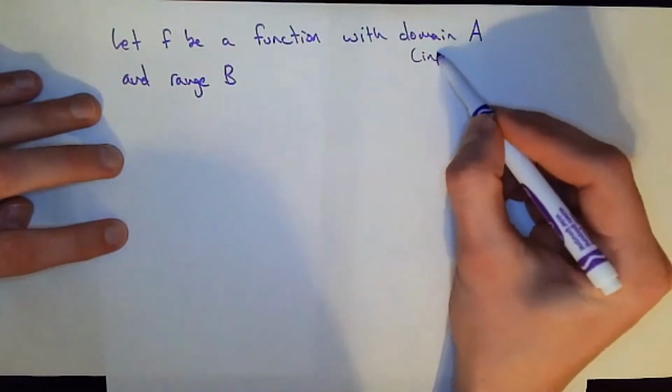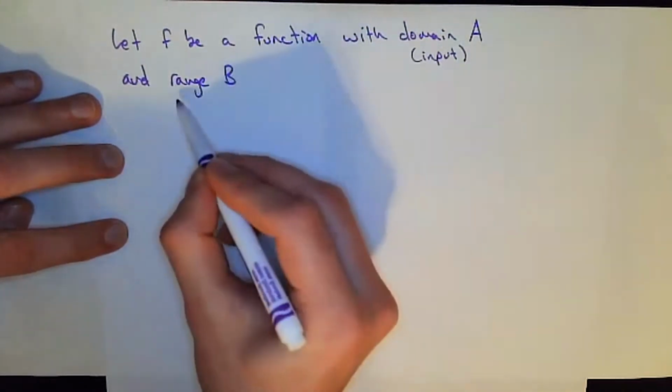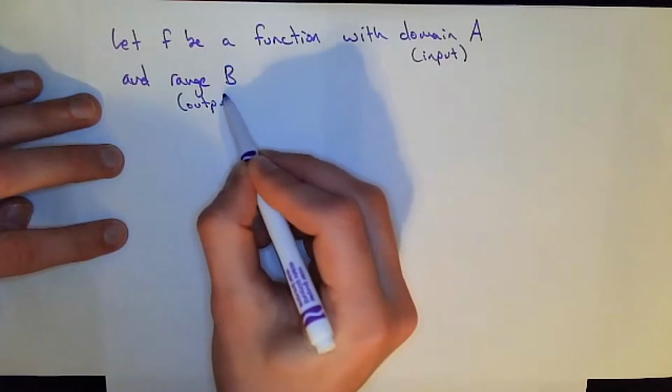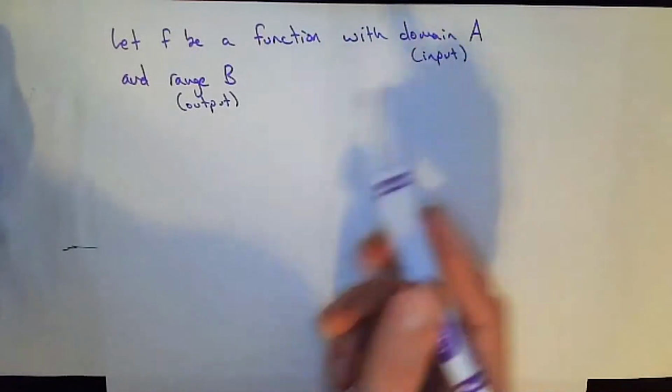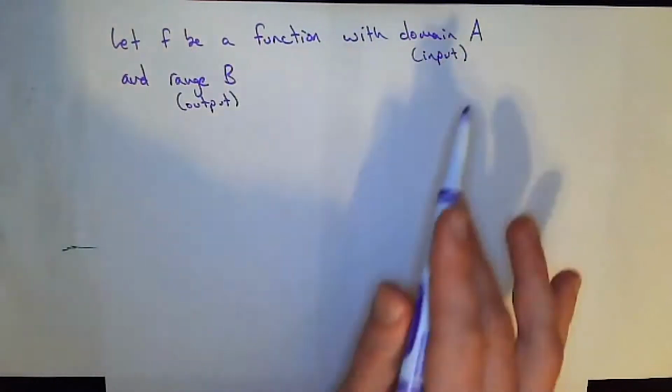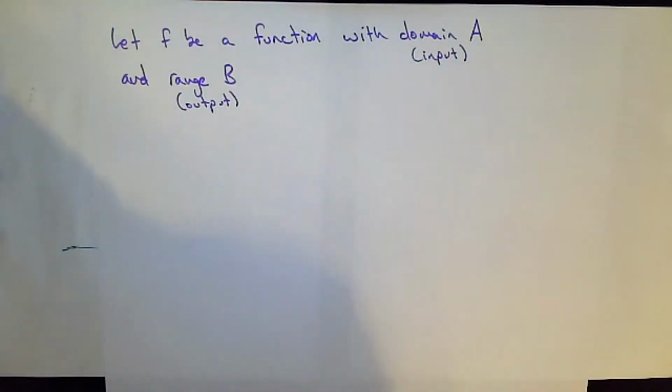Domain A, that's input. This is what I like to call input. Range is output. I'm just using capital letters to denote the name of the domain and range. These are probably intervals, like we've seen intervals on the number line. That's what A and B are representing here.